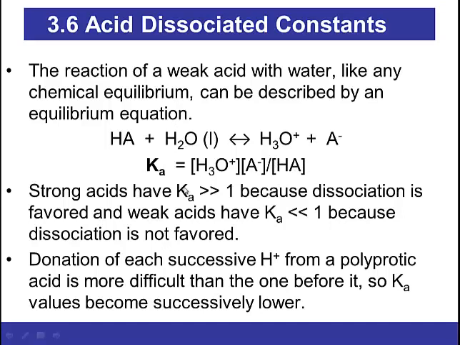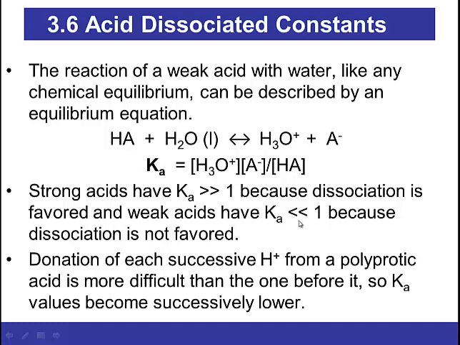So our strong acids are going to have Ka values that are much greater than 1. So this component up here is going to be much bigger than this component down here. And this is going to be because the dissociation is going to be almost complete. There'll be hardly any of the full acid left when you have a strong acid that's mixed in water.